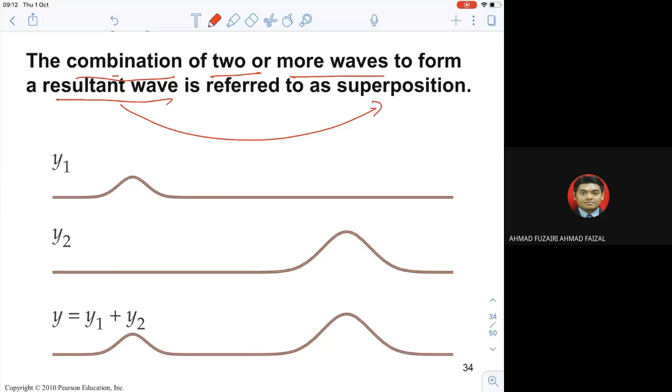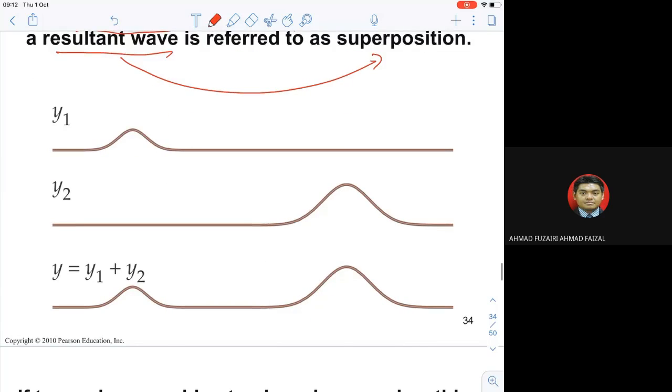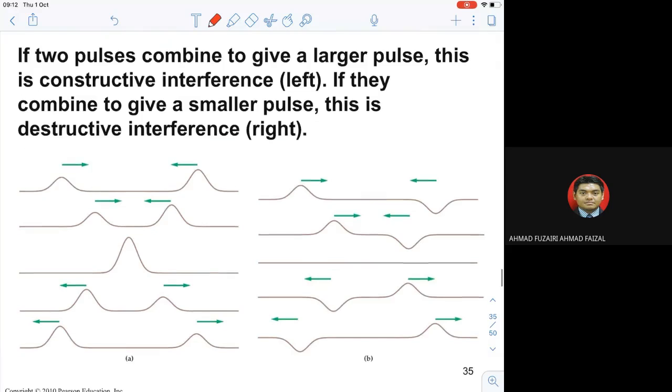So let's say you have a wave y1 and a wave y2. The resultant, y equals y1 plus y2, will be like this. The third part will be the resultant. If two pulses combine to give a larger pulse, this is constructive interference.